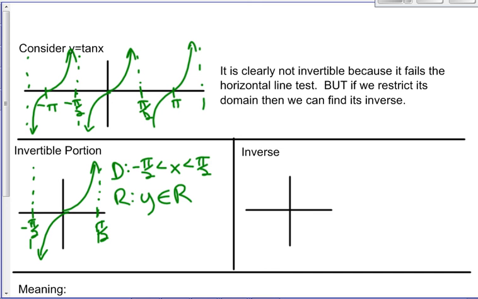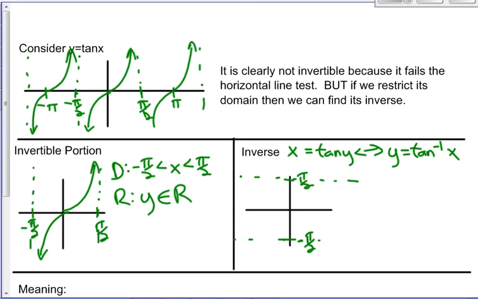If we invert it, we'd get x equals tan y, or y is the inverse tan of x. So all those vertical asymptotes are going to turn into horizontal ones. And the point 0, 0 will stay the same.